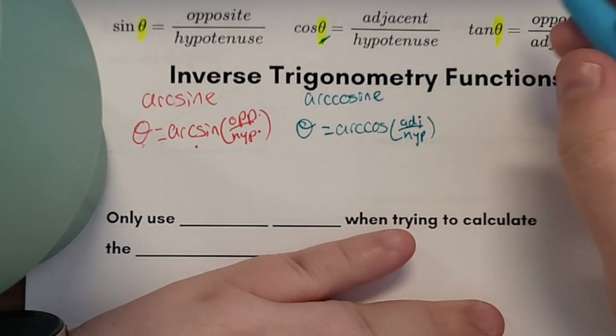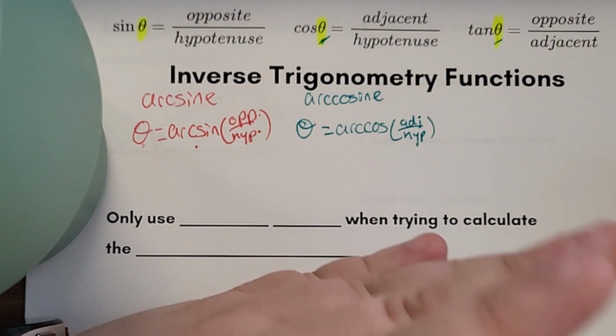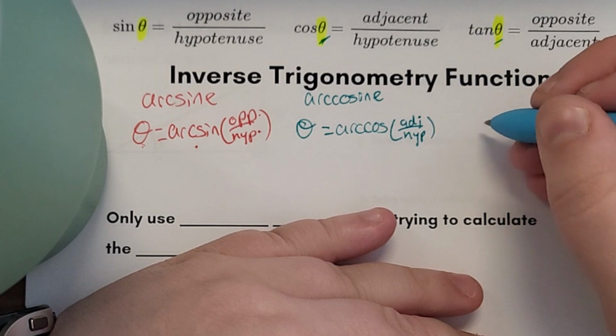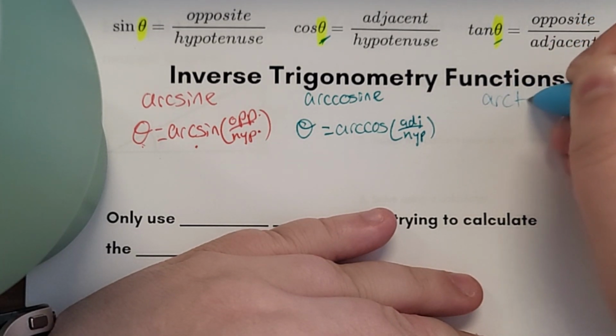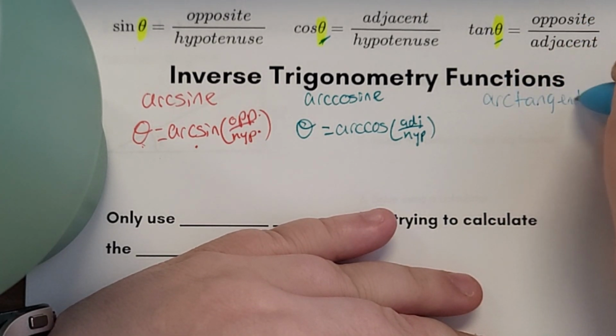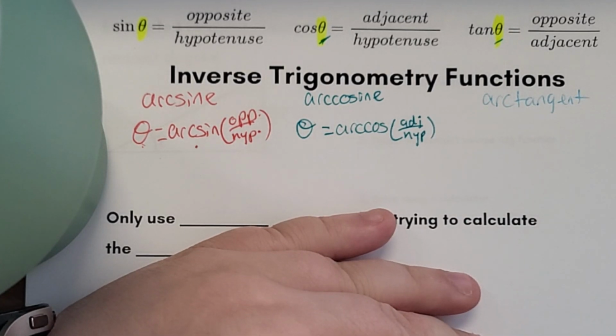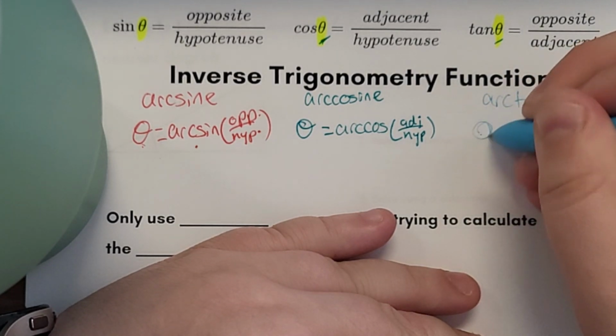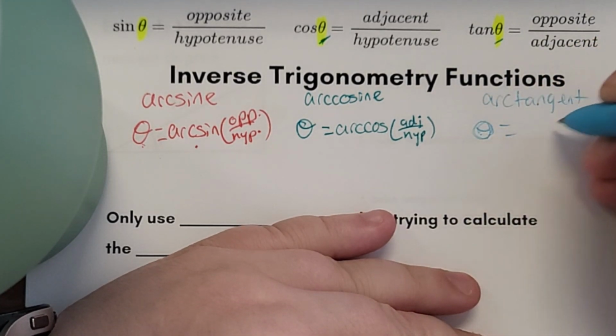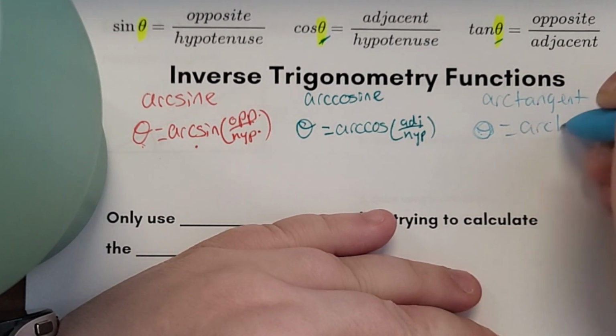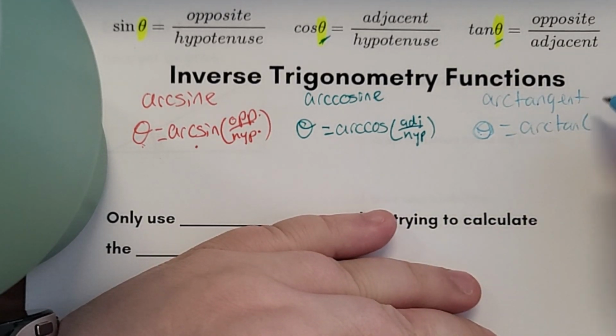And once again, if we are given the opposite and adjacent, we can use arctangent to find the measure of that. So our reference angle will be equal to the arctangent of the opposite over adjacent.